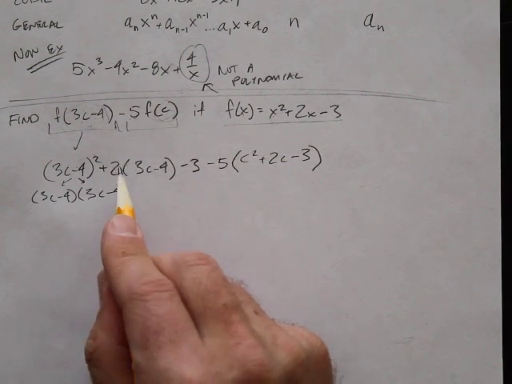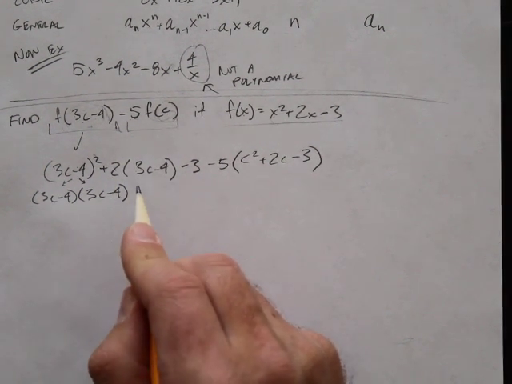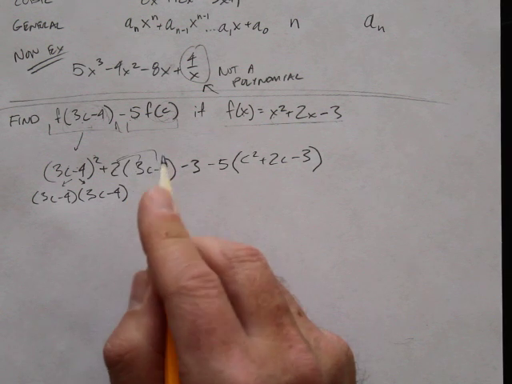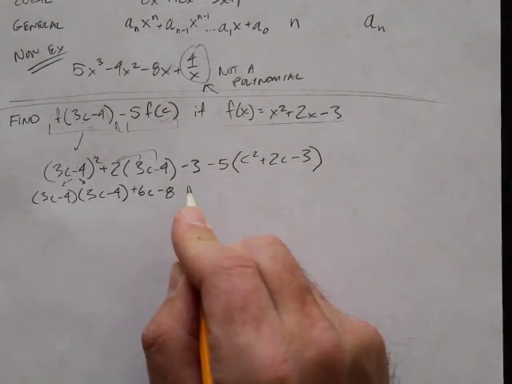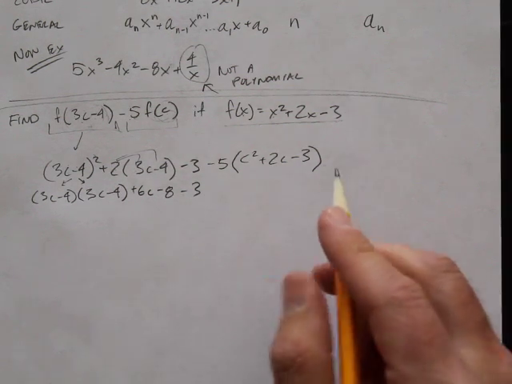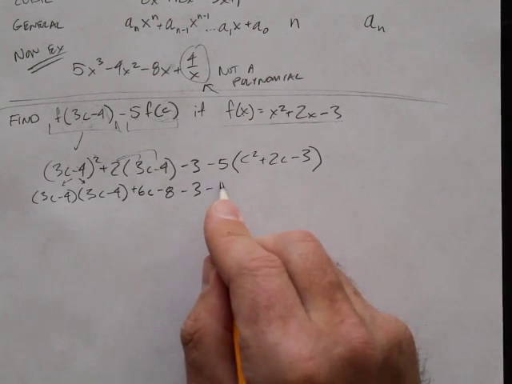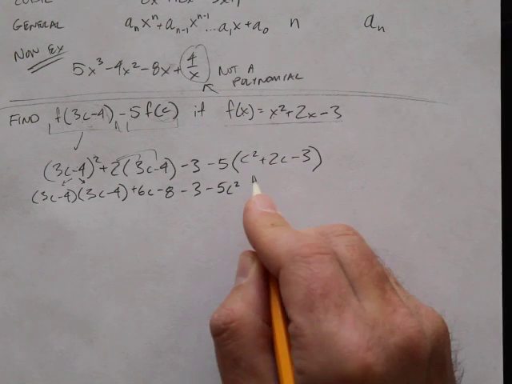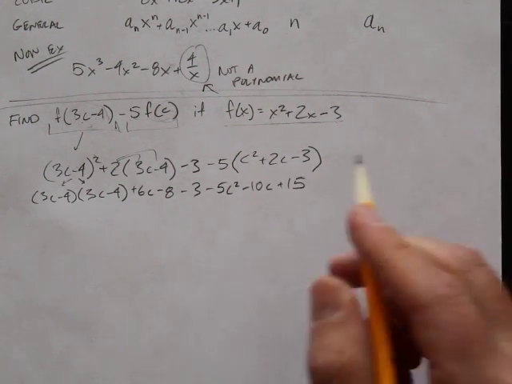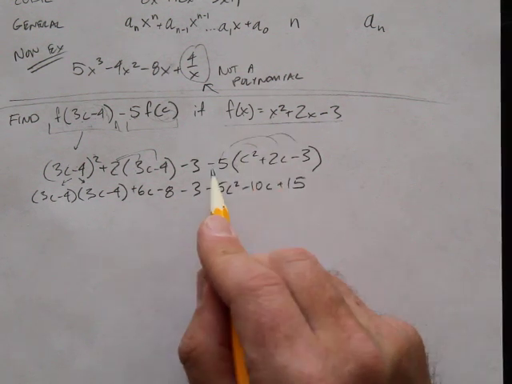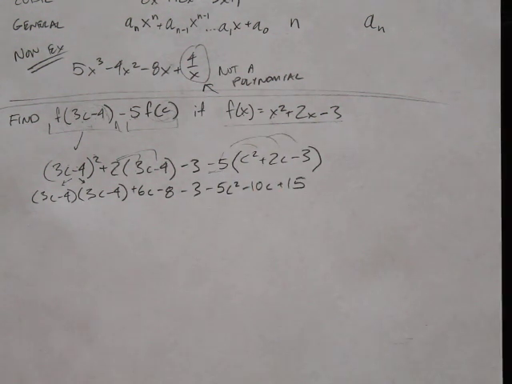But I can simplify here. I'm going to distribute this 2. So this 2 goes in here. Plus 6c minus 8 minus 3. I'm going to distribute this negative 5. Minus 5c squared minus 10c plus 15. So I just distributed that negative 5 throughout there.